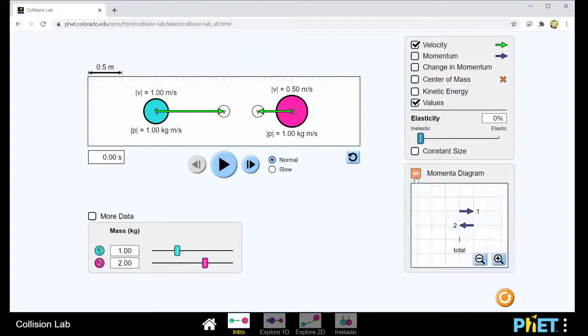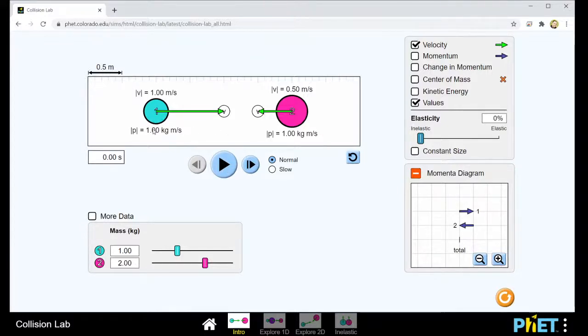That's cool, it shows it for you. The momentum diagram shows you the total. Momentum 1, momentum 2. I think you know. So the total momentum is 0.